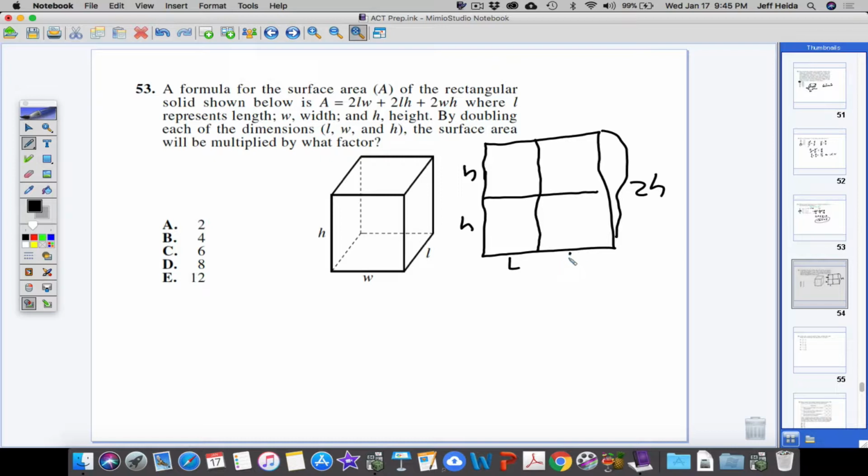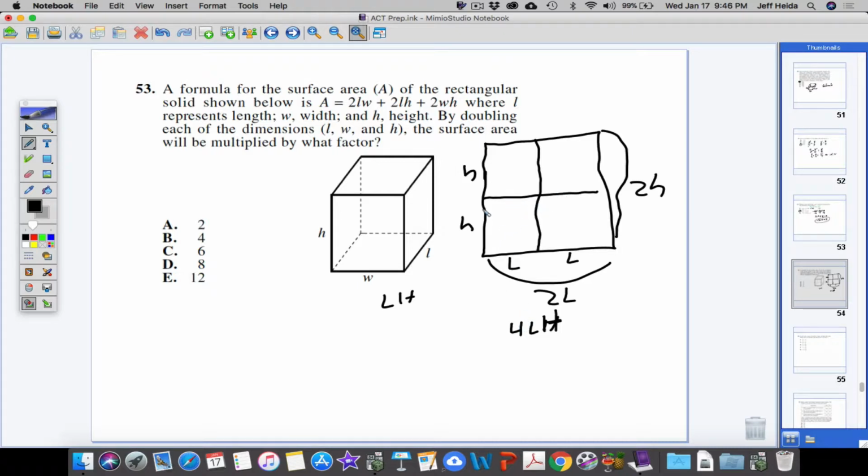If this is L and this is L because you double it, the whole side is 2L. So 2L times 2H is going to be 4LH. And over here, it would just be LH. So the area of each side is 4 times greater.